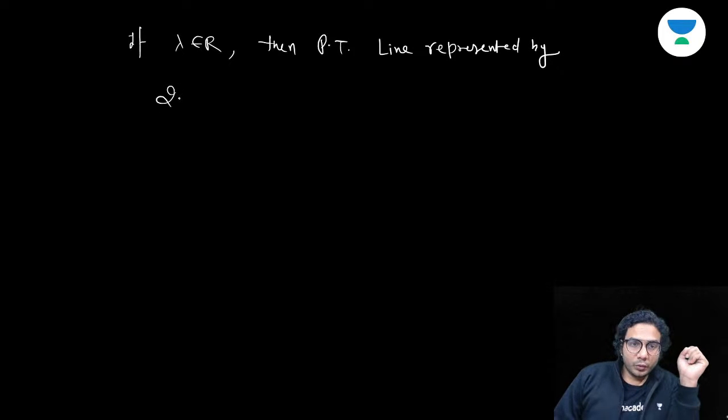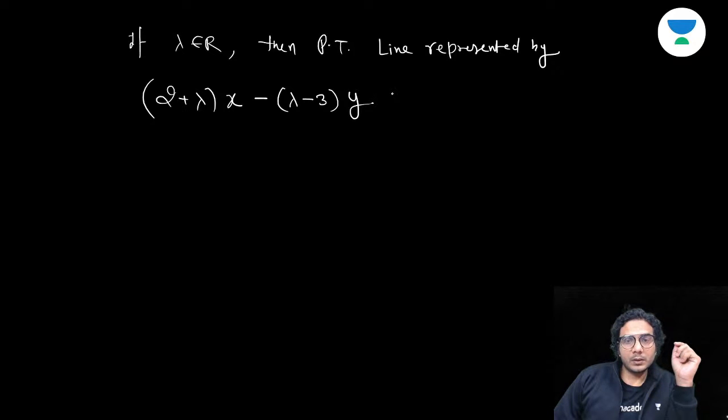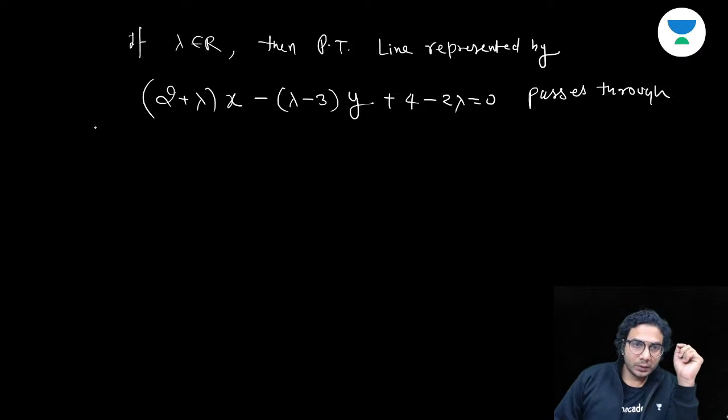So if lambda belongs to R, then prove that the line represented by 2 plus lambda into x minus lambda minus 3 into y plus 4 minus 2 lambda is equal to 0 passes through a fixed point.